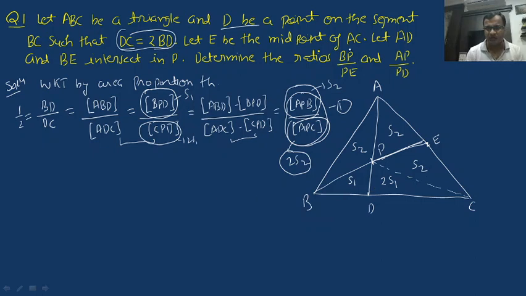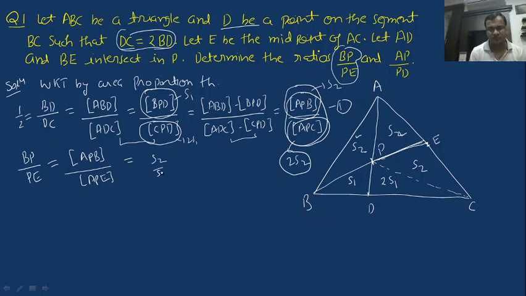Now we want to work on the ratio BP by PE. By the area proportion theorem, BP by PE is the area of APB upon area of APE. But you can look at the figure, these two areas are both S2. So this ratio becomes 1. That is, BP equals PE.